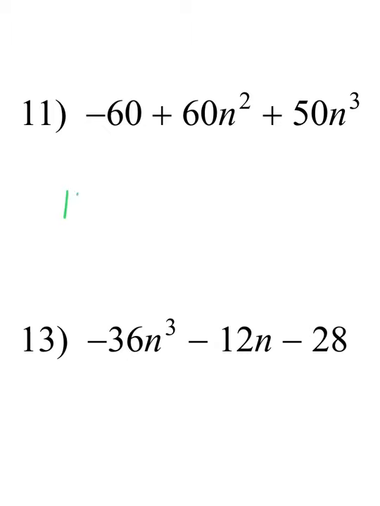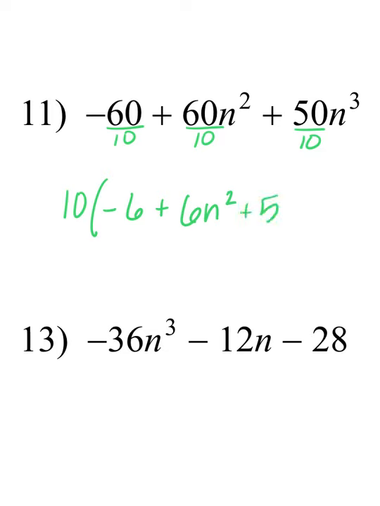So I'm going to put my 10 on the outside. I'm going to divide each number by 10, and I'm going to get negative 6 plus 6n squared plus 5n to the 3rd.